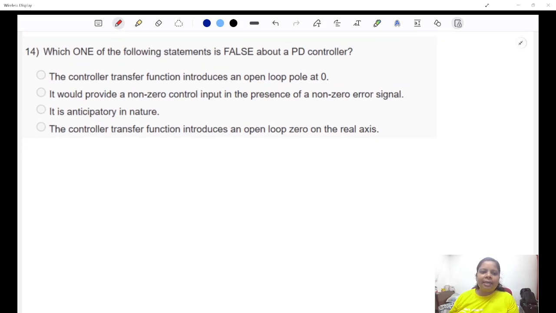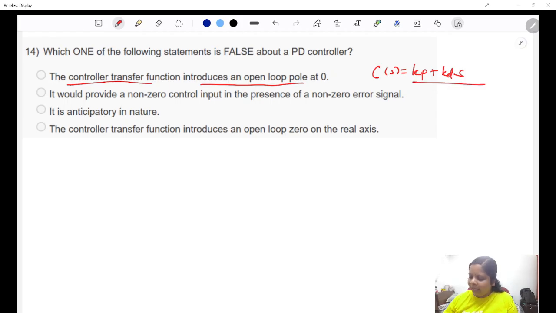Which of the following statements is false about a PD controller? Okay. The controller transfer function introduces an open loop pole at 0. This is definitely wrong because C(s) is given by Kp plus Kd s. इसका पोल है ही नहीं. Nothing is there in the denominator.